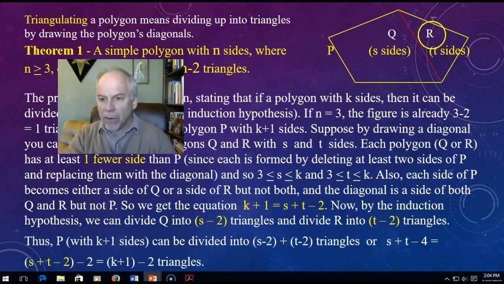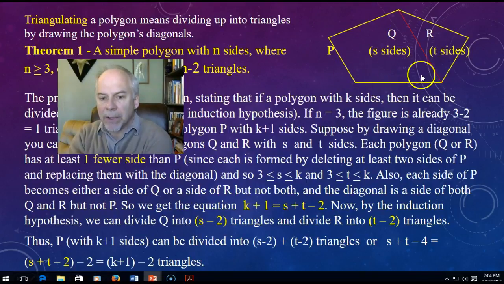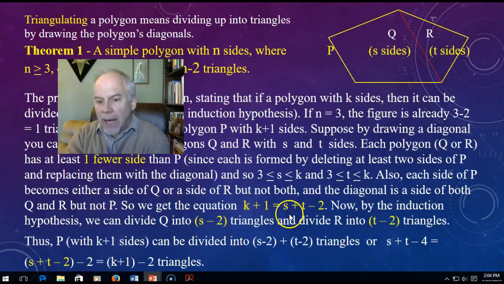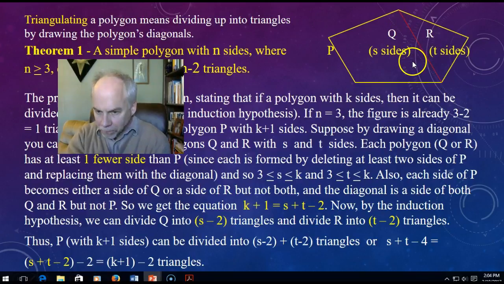And the diagonal is going to be a side of both Q and R. So that means this polygon with k plus 1 sides is going to have S plus T minus 2 sides. Okay? Because it's like S minus 1 and T minus 1 added up, because this one side is not being counted in the original k plus 1 sides.